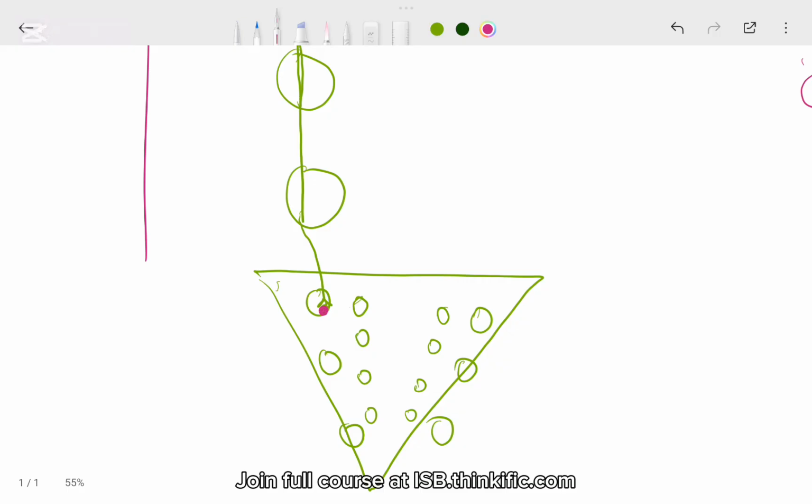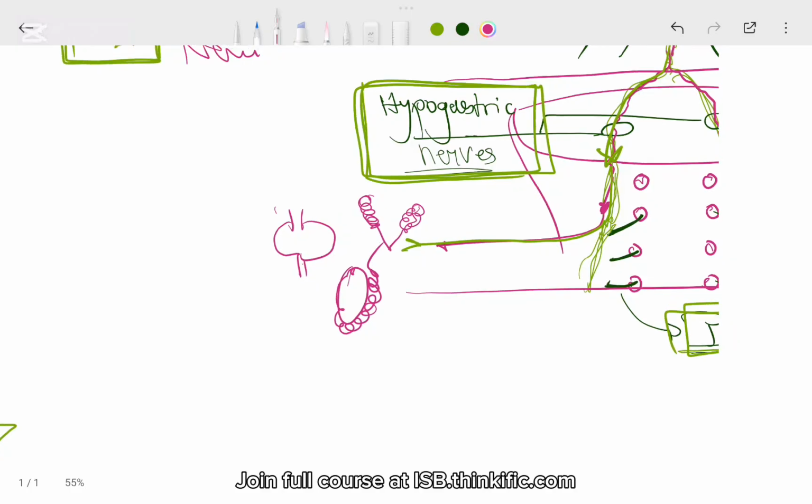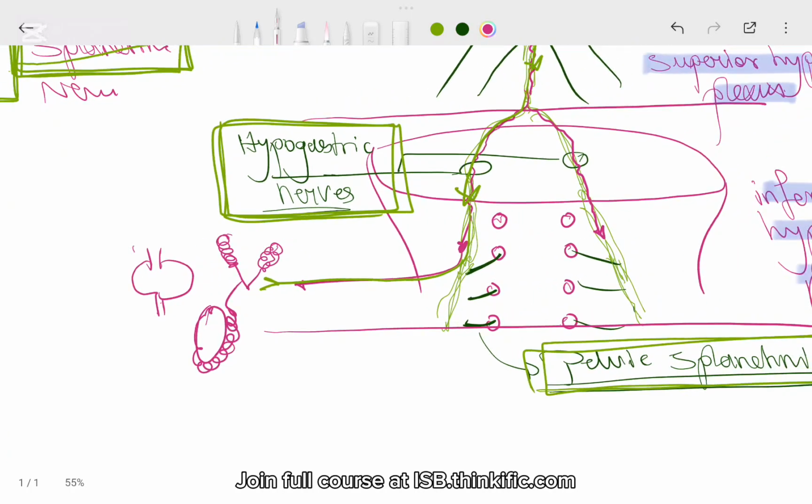And from the sacral sympathetic ganglia, the postganglionic nerves emerge out and contribute to the inferior hypogastric plexus as well. So here are the sympathetic ganglia, and the postganglionic fibers emerge and enter the inferior hypogastric plexus.